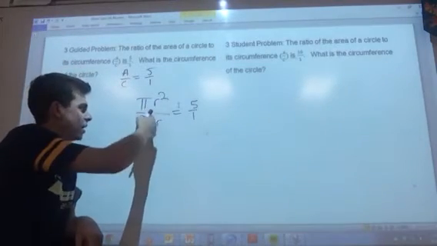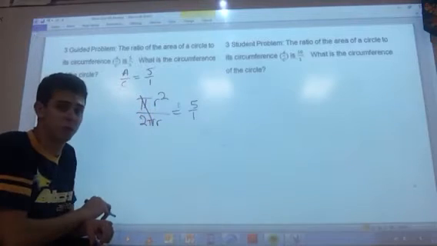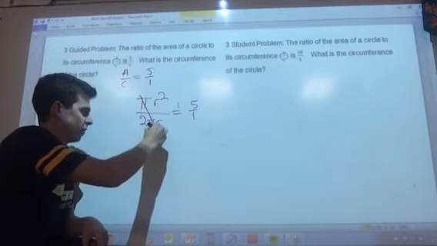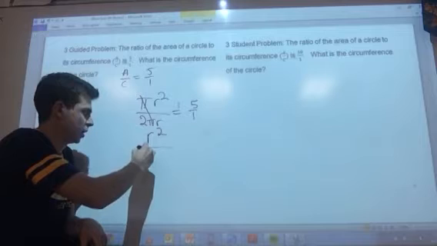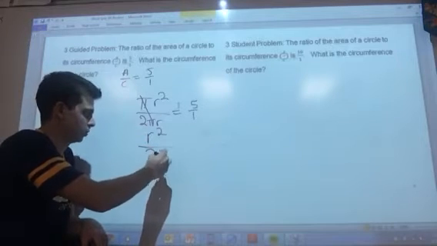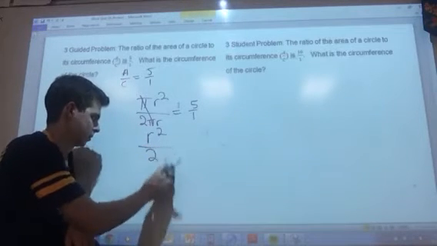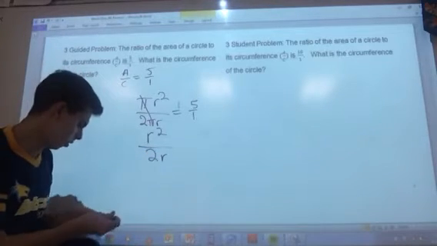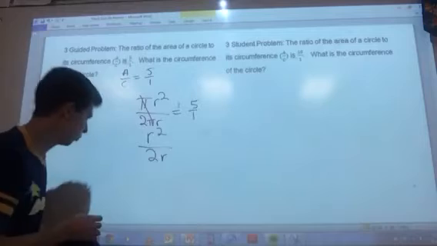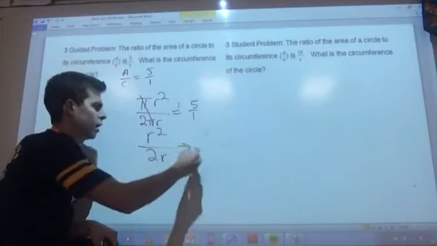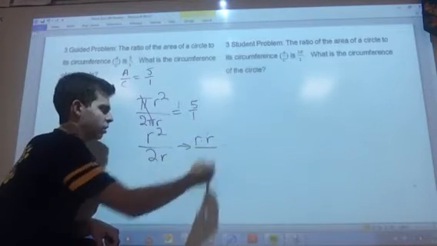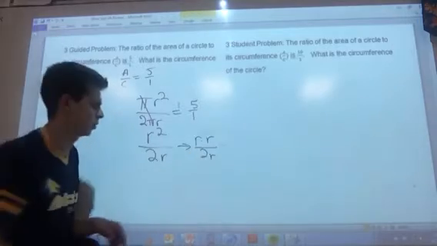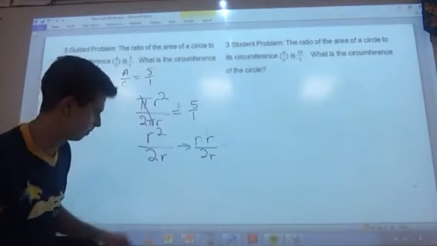Now, pi divided by pi is just 1, so those can cancel. So now I have r squared over 2r. Now, r squared can be rewritten as r times r, over 2r.